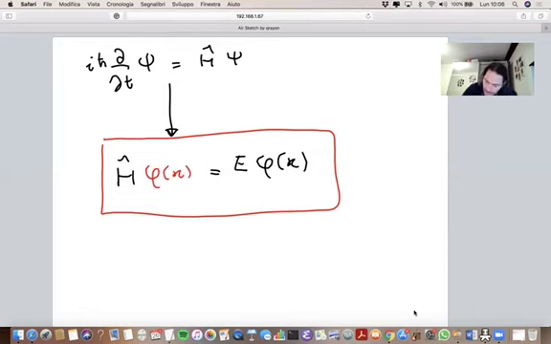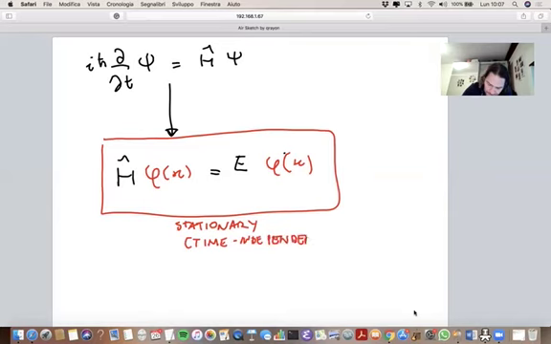My unknown is a function of position only. So this is called the stationary or time independent Schrodinger equation.